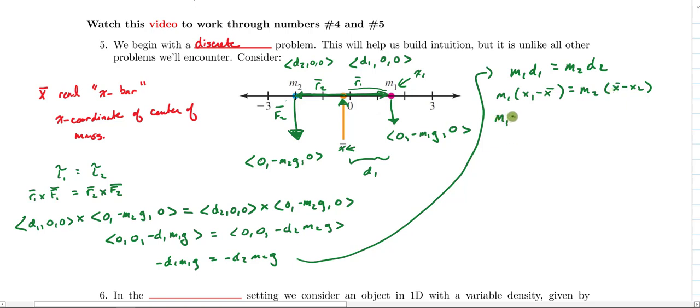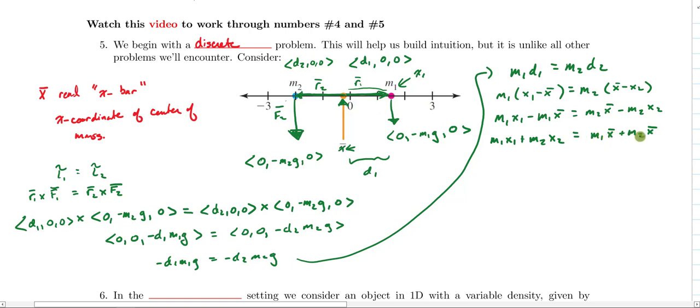Distributing the masses, we get m1 x1 minus m1 x bar needs to equal m2 x bar minus m2 x2. And if we collect all of the x bar terms over to one side, in this case let's take them to the right, we'd have m1 x bar plus m2 x bar, and if we take all the non-x bar terms over to the other side, we'd have m1 x1 plus m2 x2.